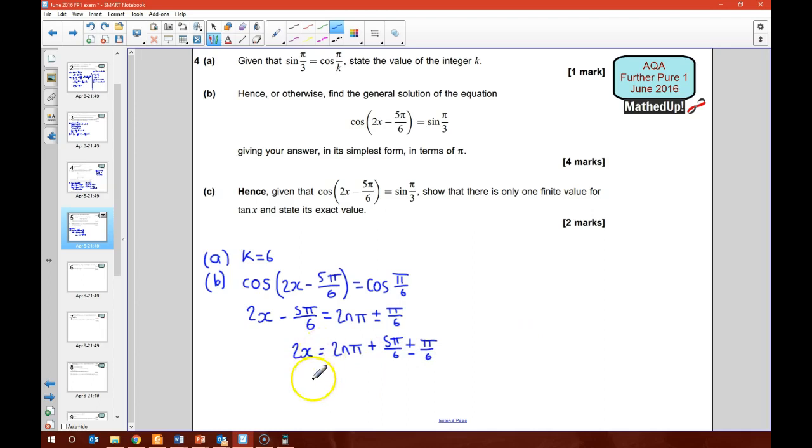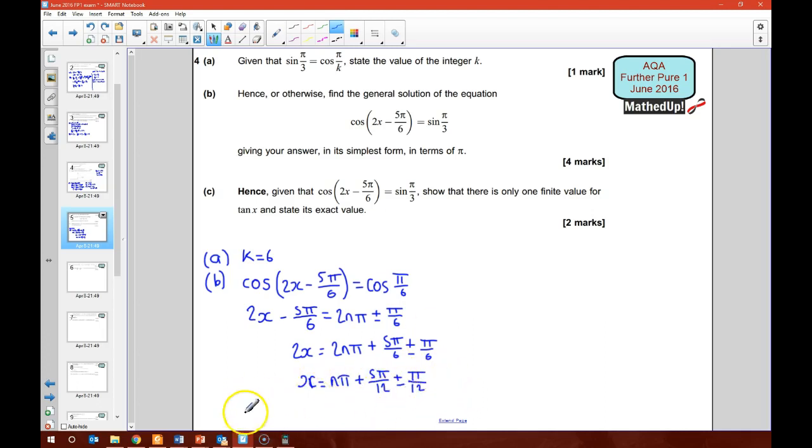And I can simplify this further because I can say, well, that tells me that x is going to be equal to n pi plus 5 pi over 12 plus or minus pi over 12. Okay, and I've just halved everything here.